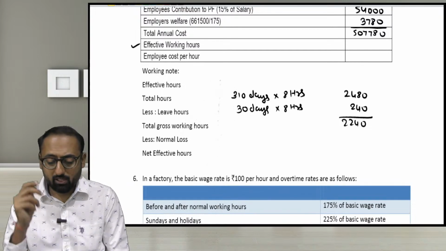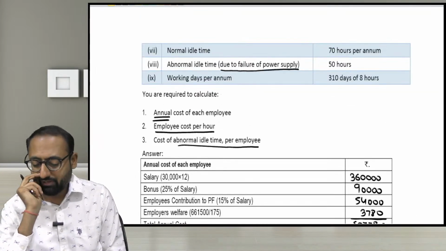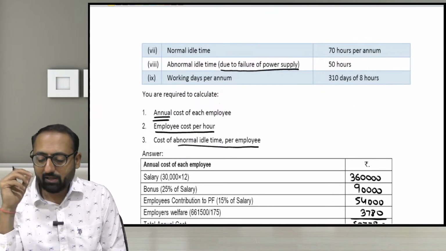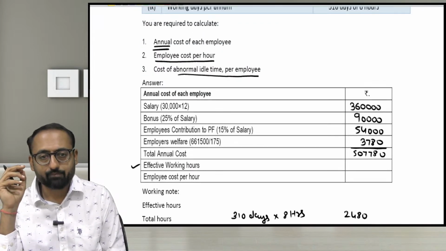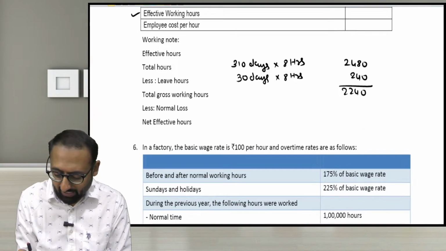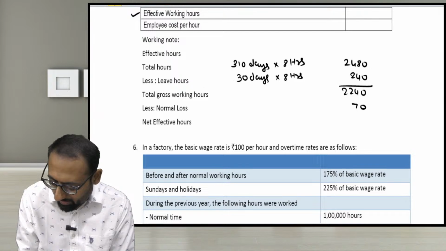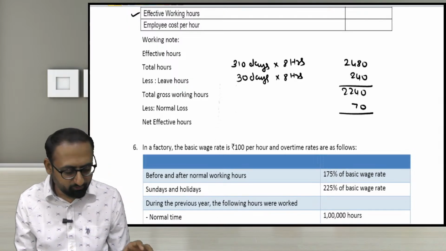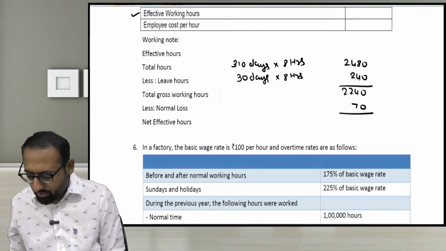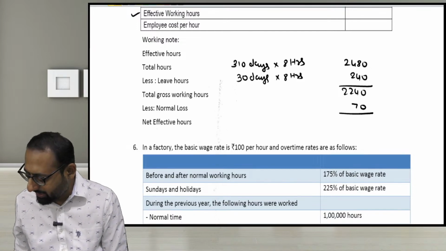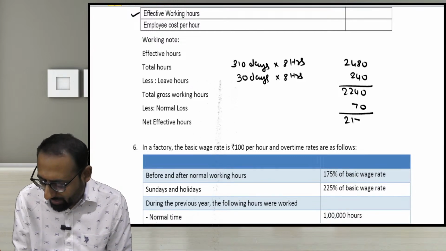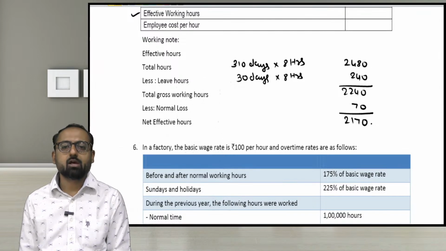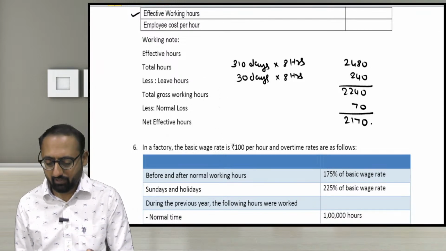Next, normal idle time is also given in the question. Normal idle time is 70 hours per annum. So be careful, 70 hours per annum is your normal idle time. Now you will have to check the effective hours. So 2240 minus 70, 2170 is your effective hours available, normal hours available per worker.